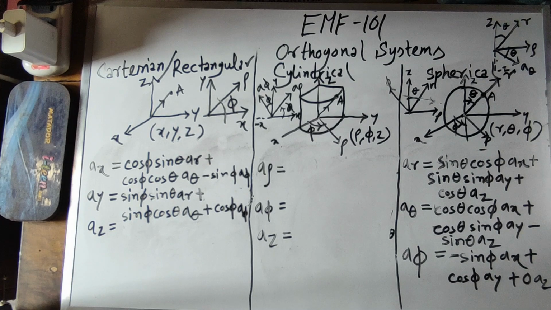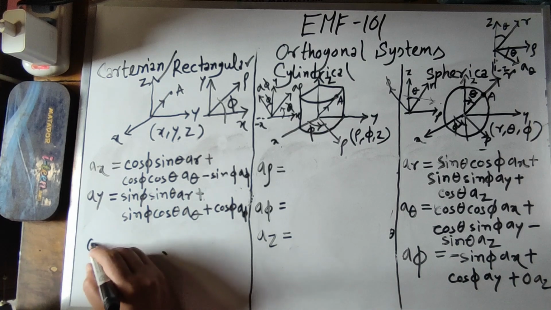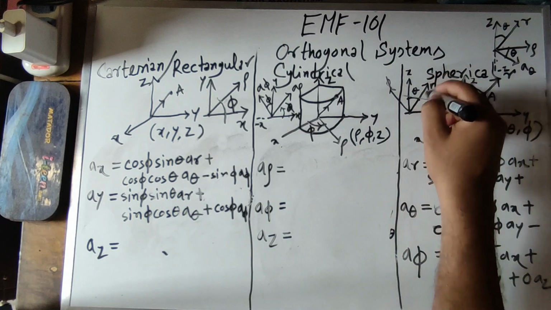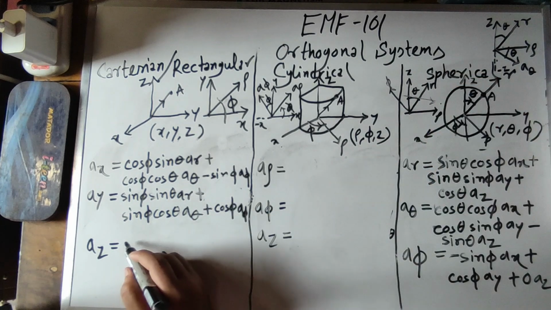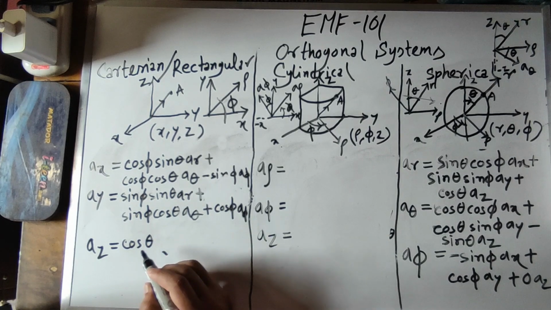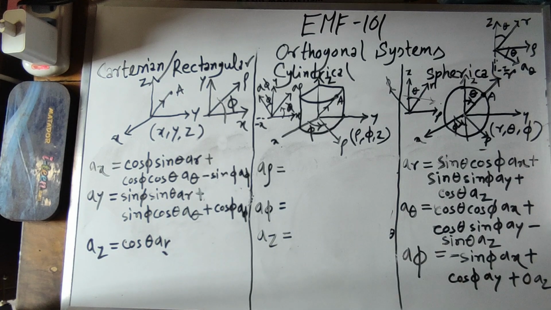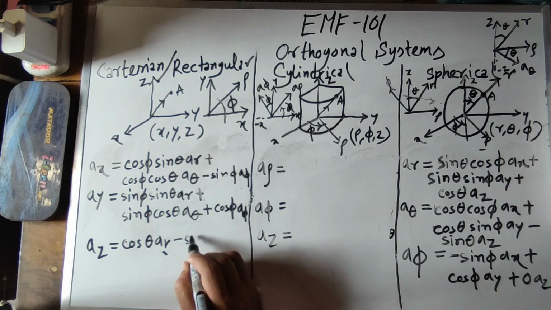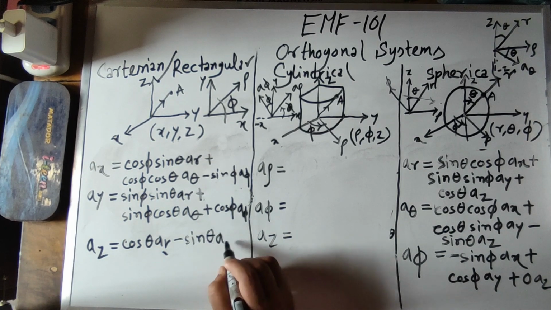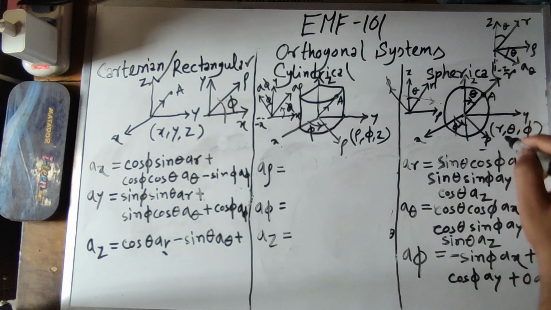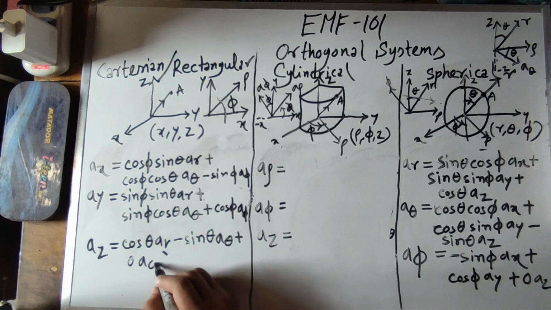For az, the last transformation, az has a cos theta component with ar in the direction of r, so cos theta ar, minus sine theta a theta, and it is perpendicular to phi, so 0 component with a phi.